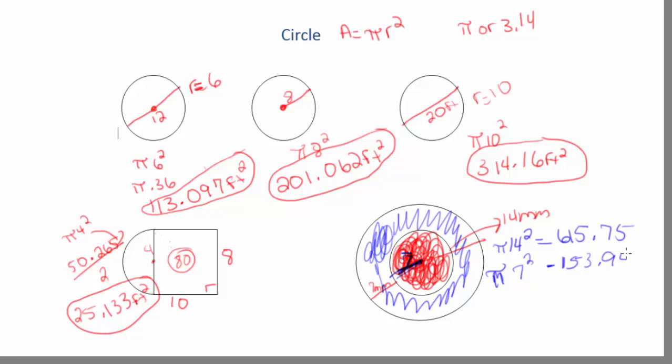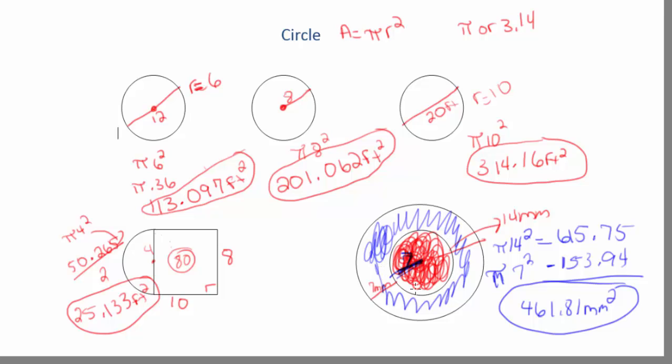153.94. Okay, so we need to subtract 615.75 minus 153.94. So the area of the blue is 461.81 millimeters squared. Okay, so we wanted the area of the blue, so we took the big area of the whole thing and subtracted the area of the little one.